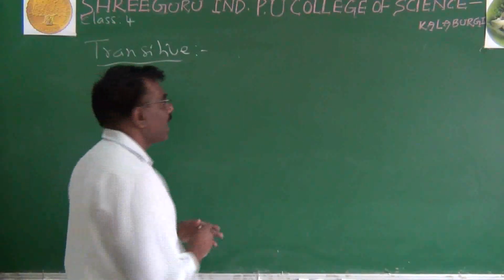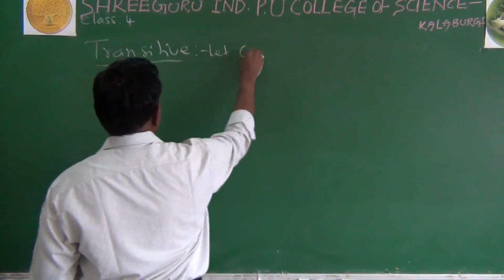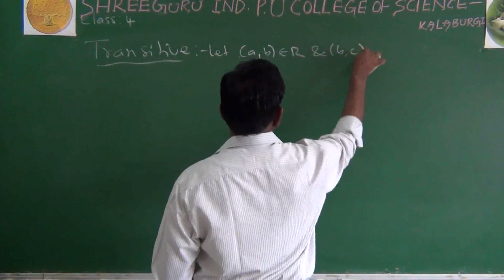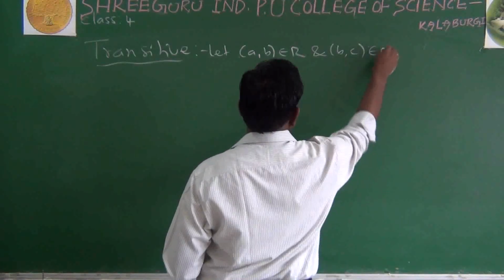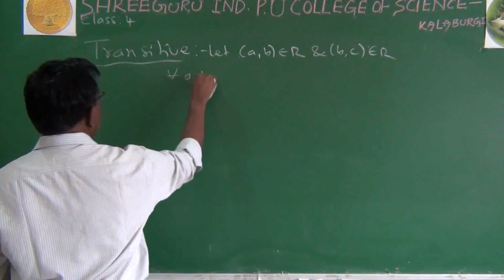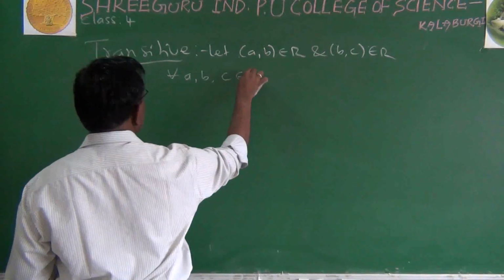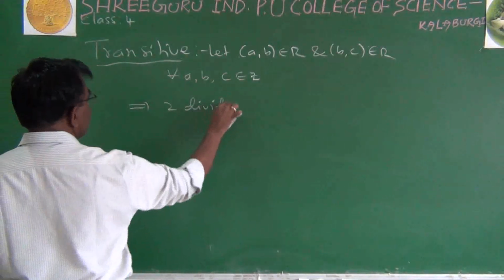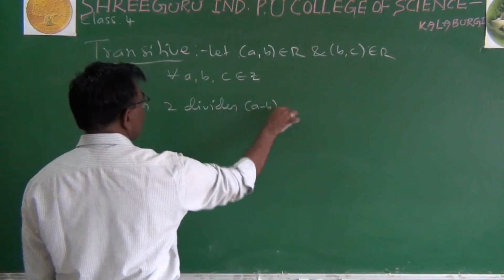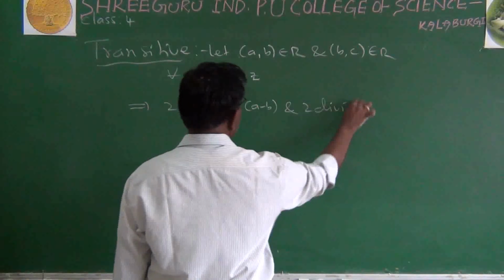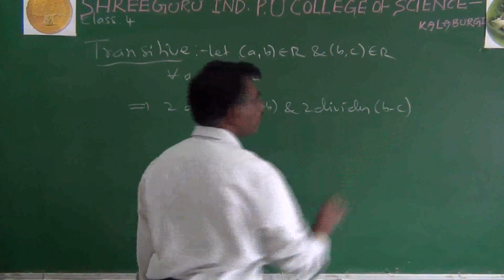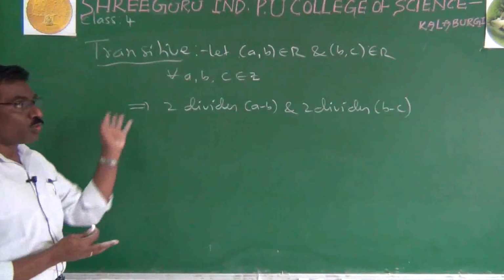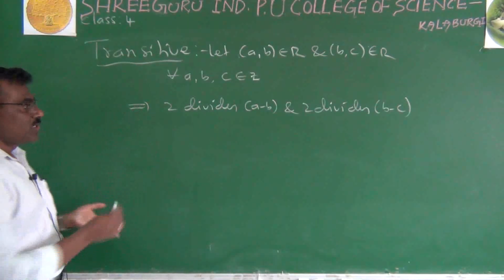Let (a, b) belongs to R and (b, c) belongs to R, for all a, b, c belongs to integers. It implies 2 divides a minus b and 2 divides b minus c. When 2 ordered pairs are given, we have to prove 2 divides a minus c.